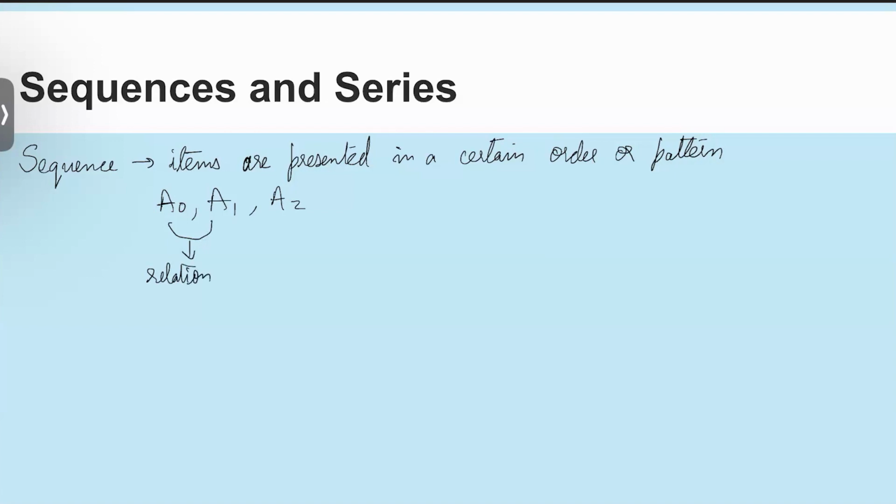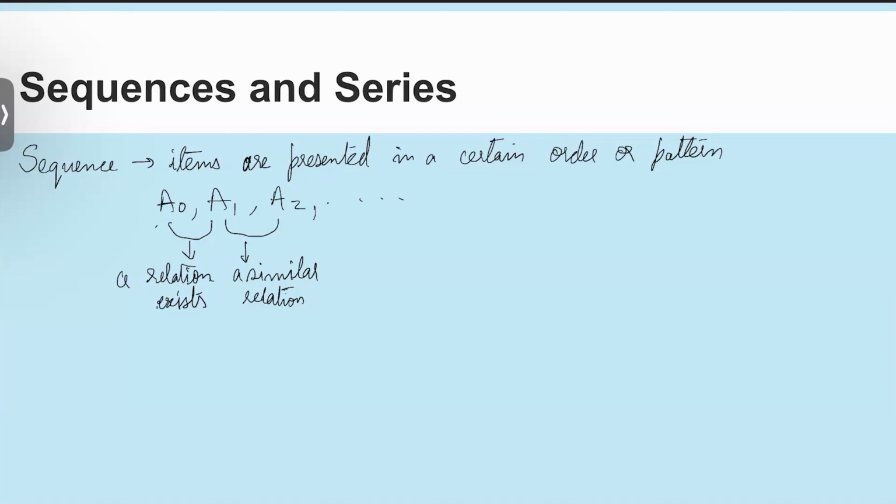A relation exists between A0 and A1, and a similar relation has to be followed between A1 and A2 and so on. This is how it is done.